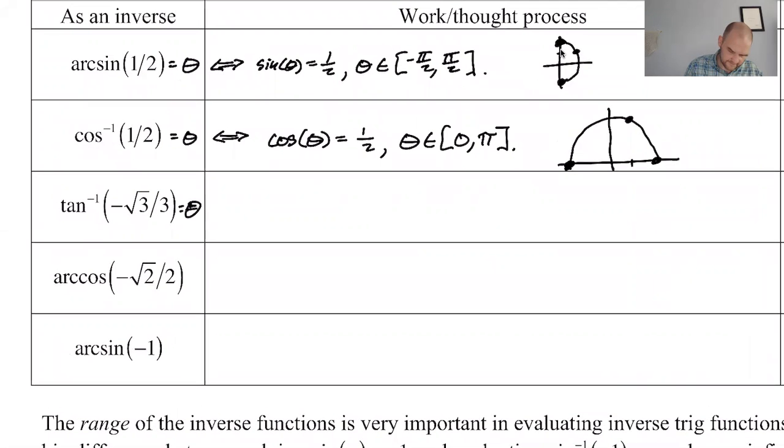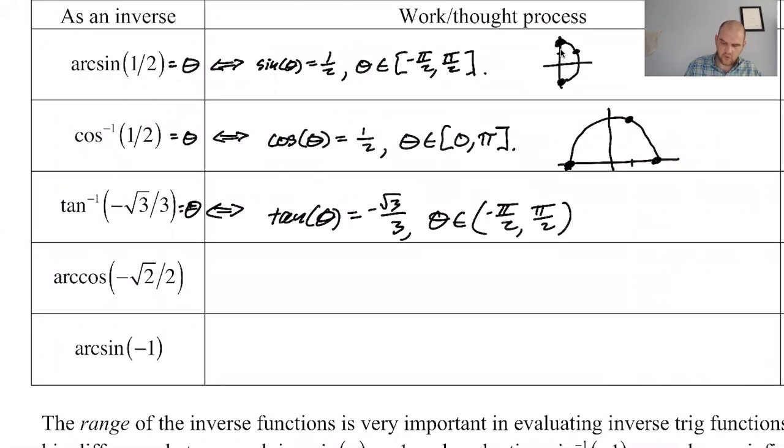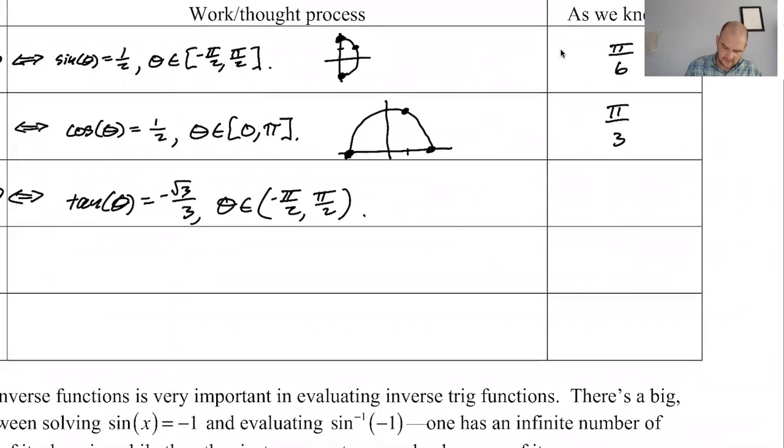Equals theta. So what is this equivalent to? The tan of theta is -√3/3, and theta is an element of, so we're not allowed to include them this time, -pi/2 to pi/2. This is where the quadrants matter a lot. So this is equivalent to this picture. I don't find this picture as useful other than knowing the asymptotes, right?